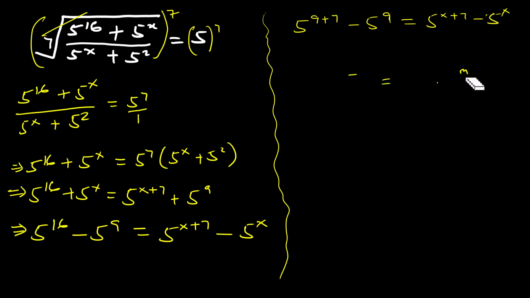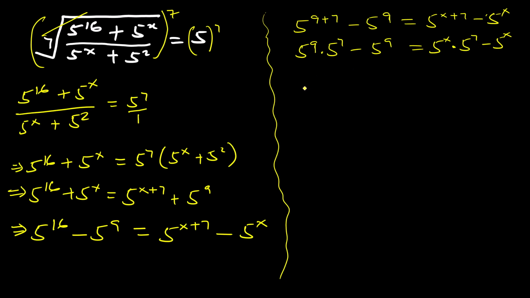Now let's use the same property to simplify this. This one is the same as 5 to the power 9 times 5 to the power 7 minus 5 to the power 9, and this side is the same as 5 raised to the power x times 5 to the power 7 minus 5 to the power x.